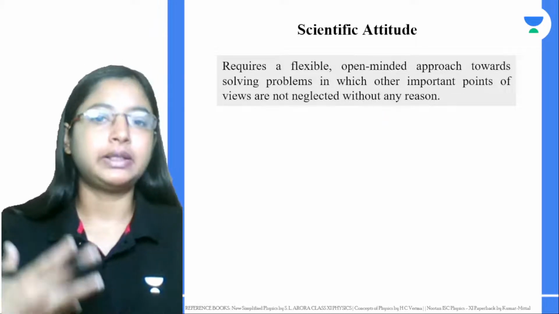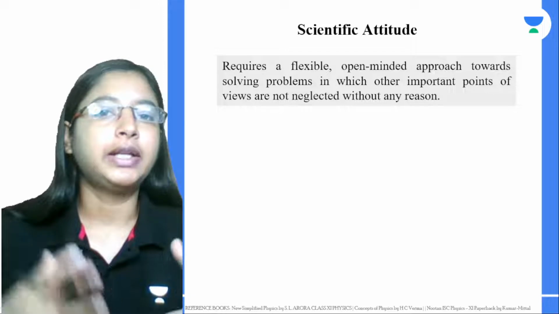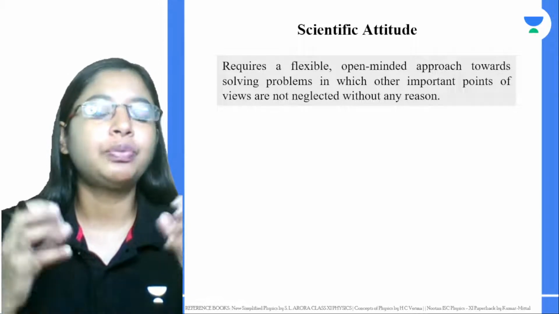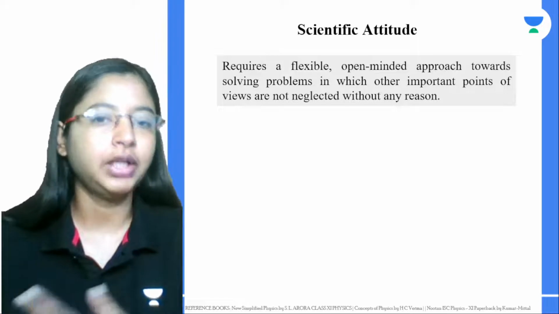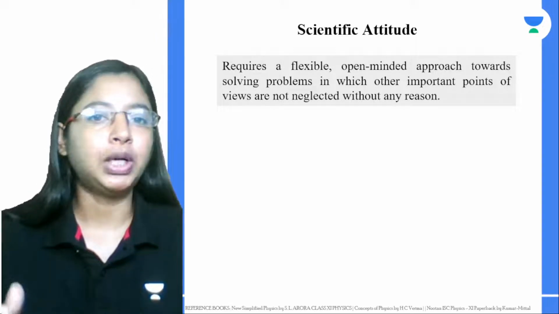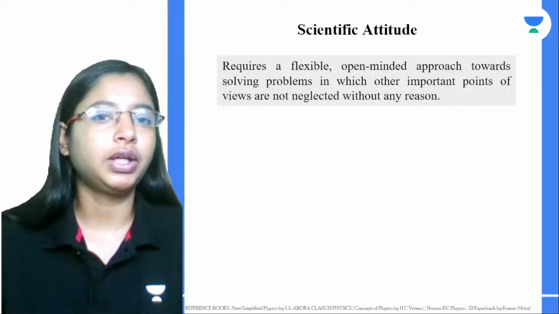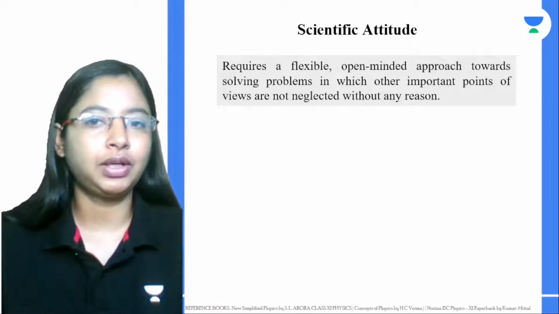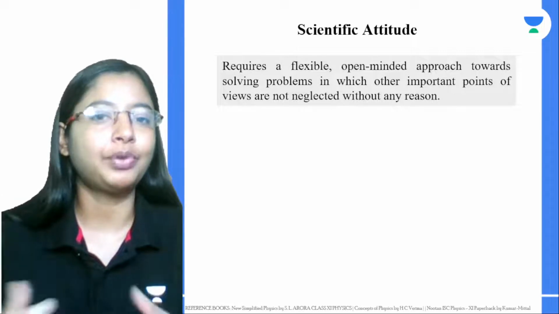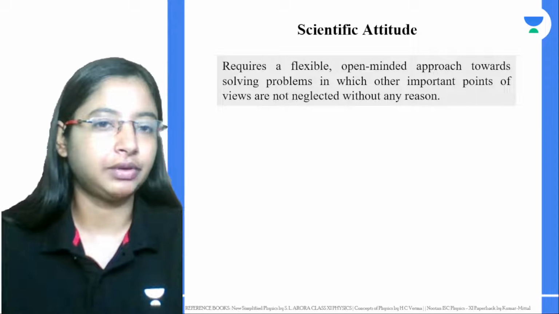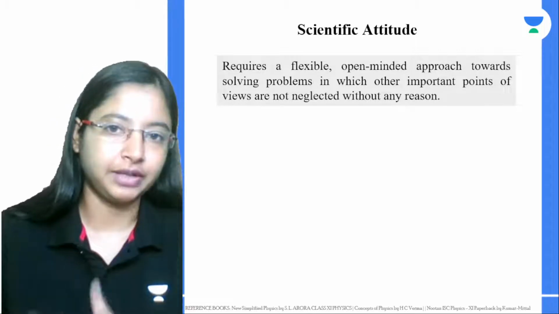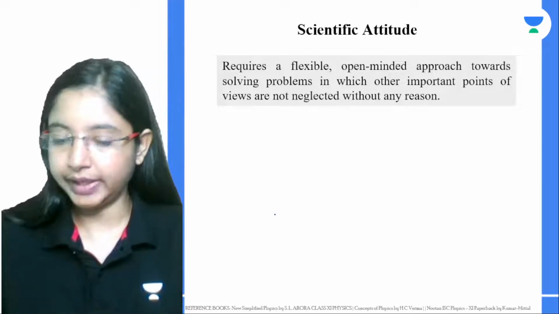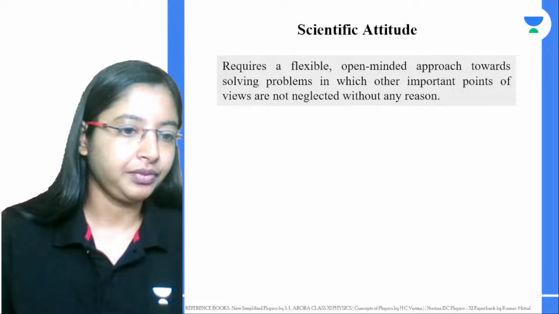For example, let's say you're trying an experiment and it is not working. You should be flexible and open-minded enough to try something else. If it works, you take the result. If it doesn't work, you should be able to let go of whatever method you came up with and try a different method. So this would be the right scientific attitude.